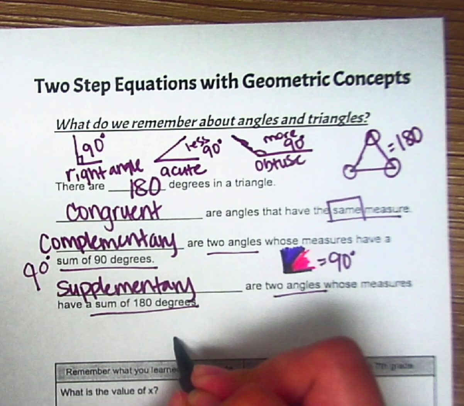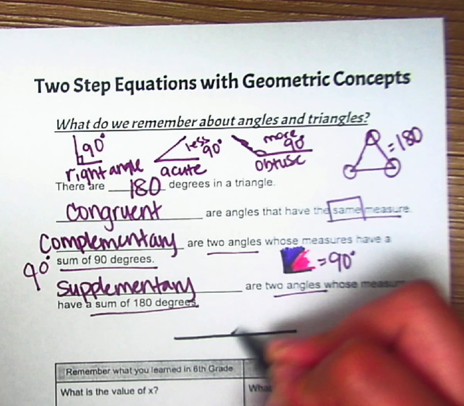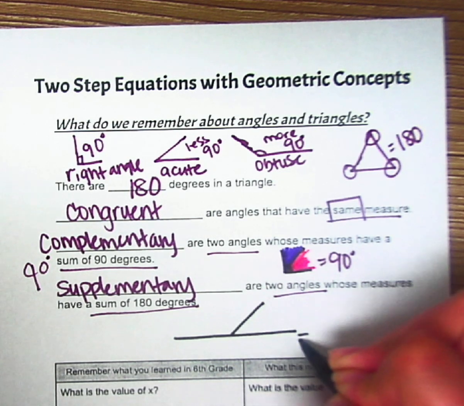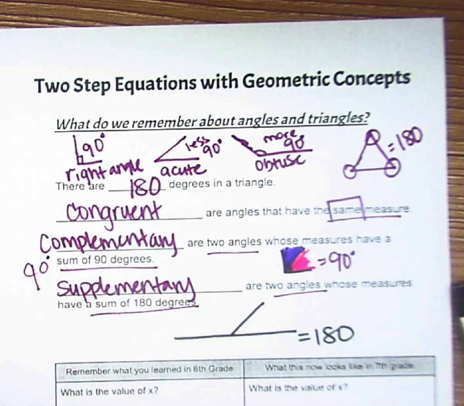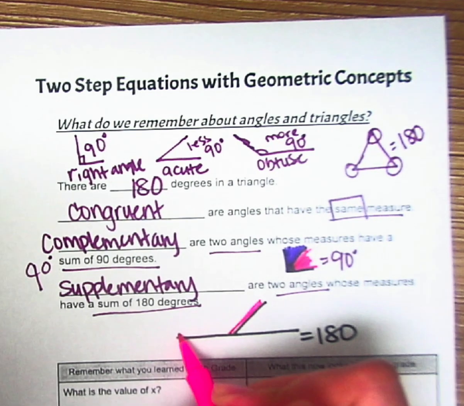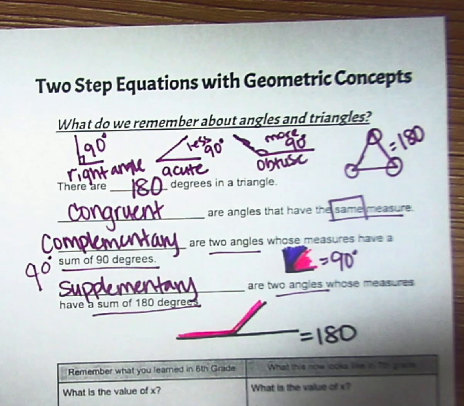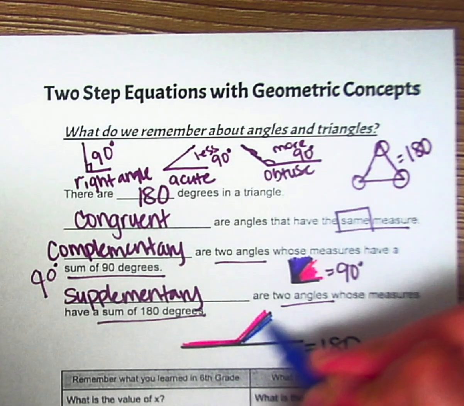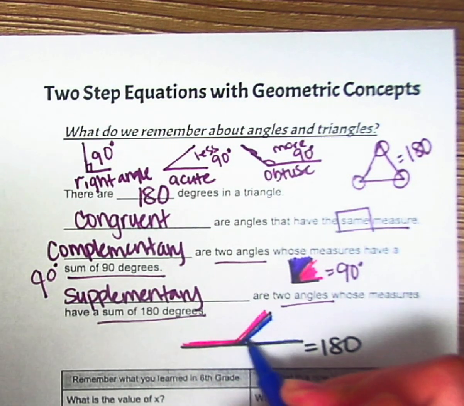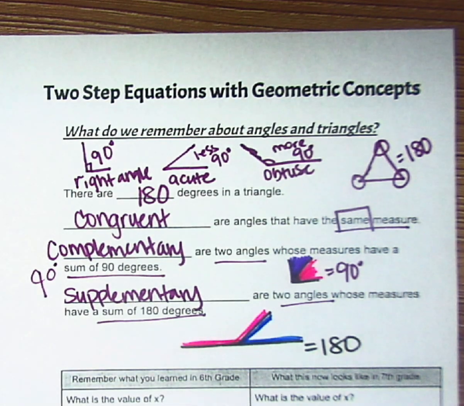So let's do a visual again. So this line, we have two angles, is going to equal 180. I'm going to color, this will be my first angle here, and my second angle. So these two, when you add up the angles, you should get 180.